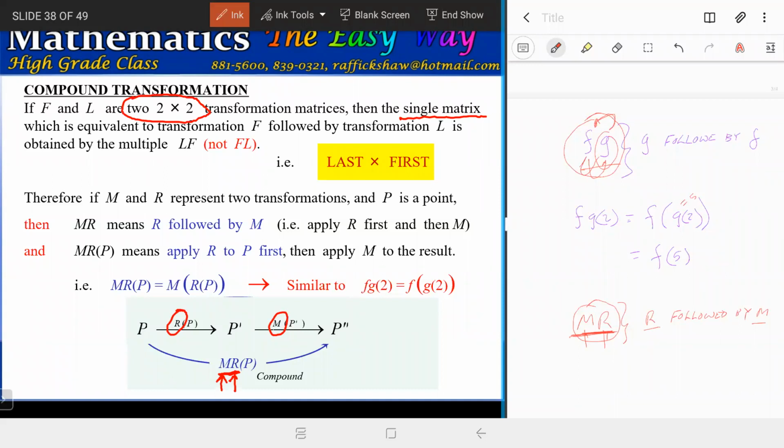If you apply that one single matrix to the point P, it's going to take you straight from P all the way over to P double prime and cut out the steps in between.